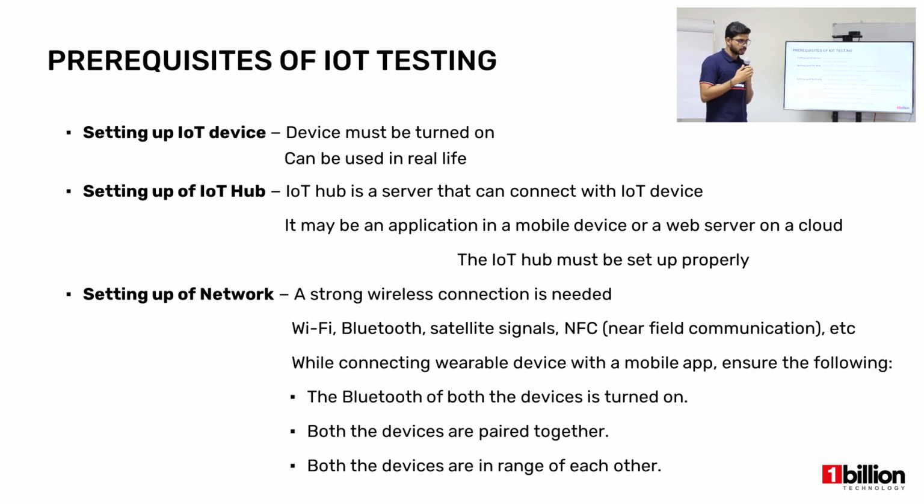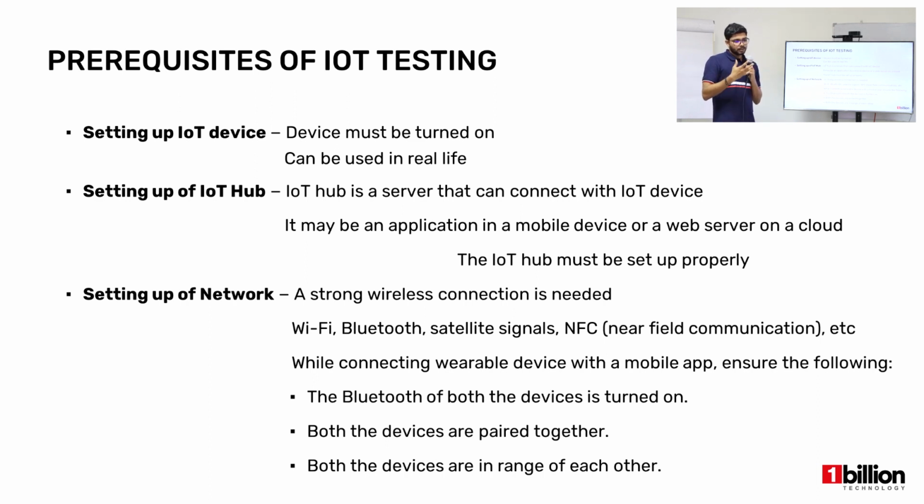Then finally we have to set up the network. As I previously said, IoT is totally about connectivity. So we have to connect the devices to each other and to the internet, and for that we need a solid wireless connection. For those wireless connections, we can use Wi-Fi, Bluetooth, satellite signals, and NFC. NFC means near field communication.